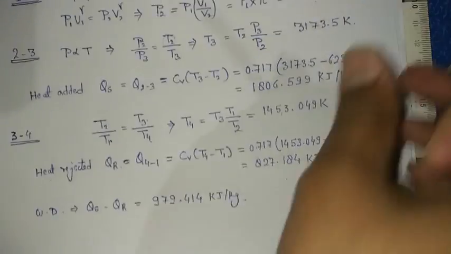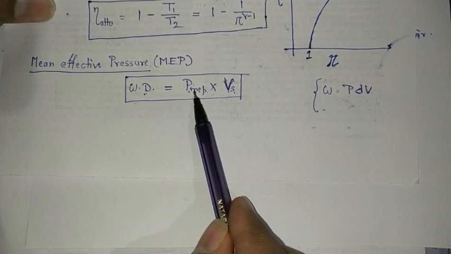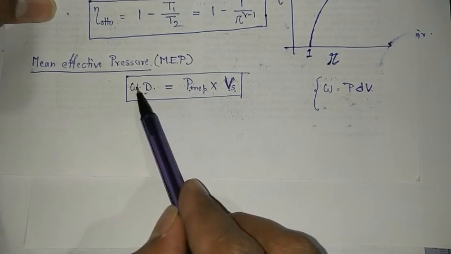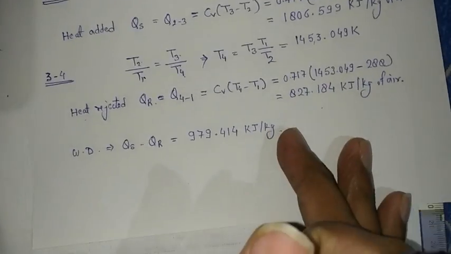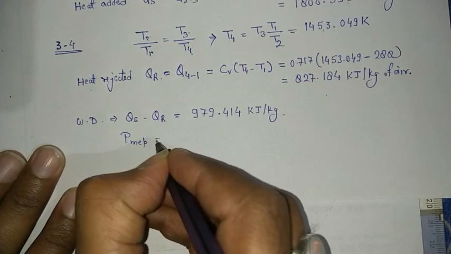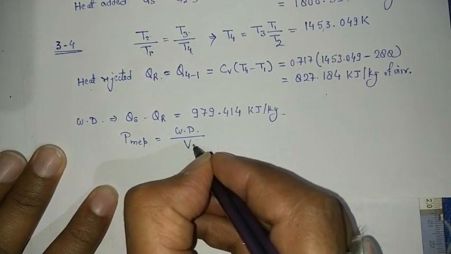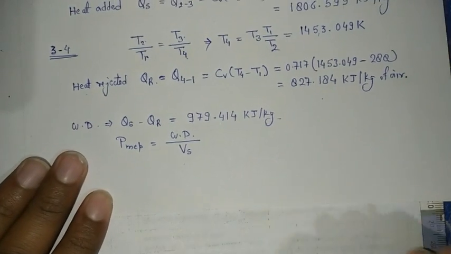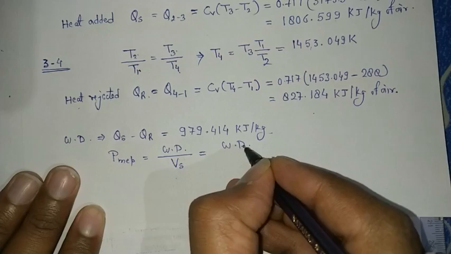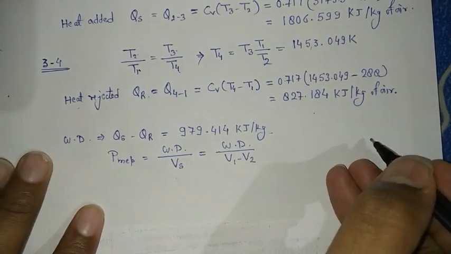So as we described, mean effective pressure into stroke volume is equal to work done. So mean effective pressure will be equal to work done divided by stroke volume. So Pmep is equal to work done divided by Vs. Okay, but Vs is equal to V1 minus V2.